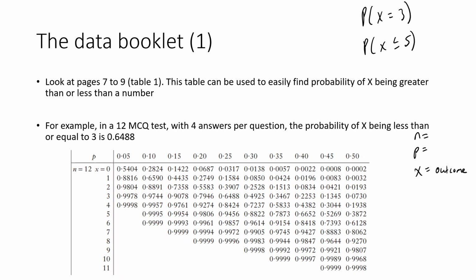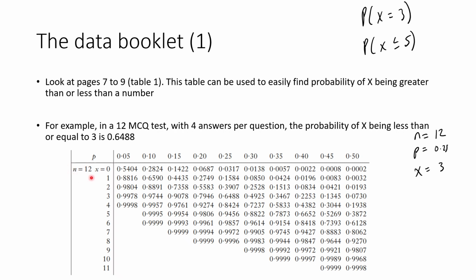So, for example, in a 12 MCQ test with 4 answers per question, the probability of x being less than or equal to 3 is 0.648. And how do we know that? Because n is 12, p is 0.25, and the outcome is 3. And we look at the table here.